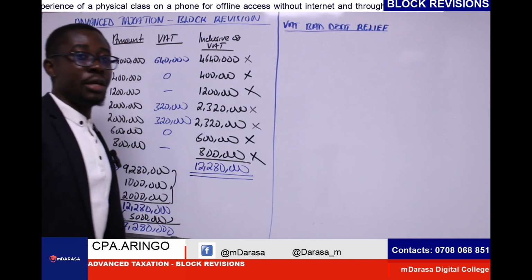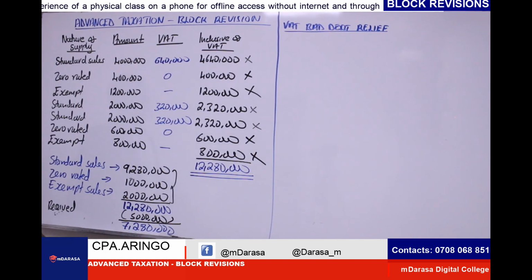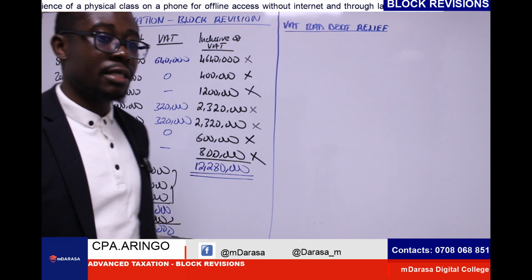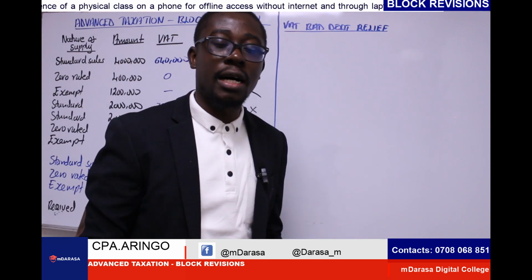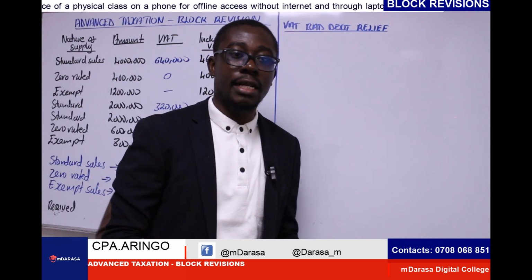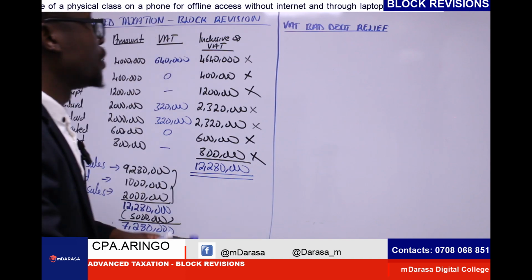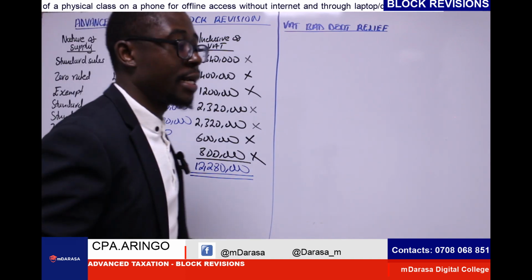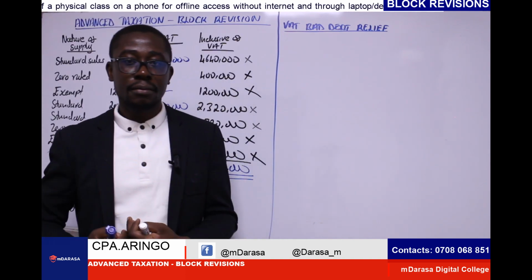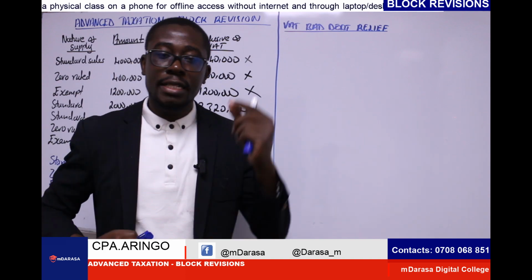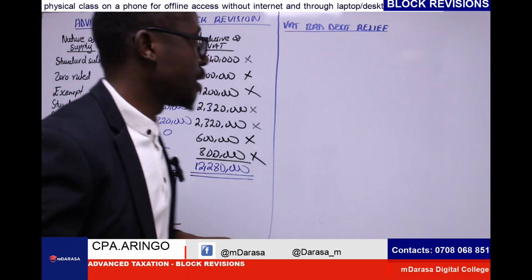So how will we go about it? Remember, VAT will only be chargeable on the item that were subjected to VAT, which was standard. So we need to determine the proportion of the standard that had not yet been paid. The proportion of the standard sales that had not yet been paid.